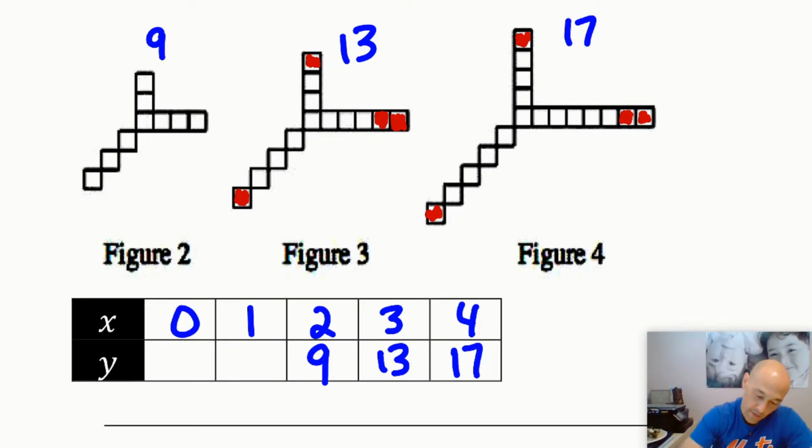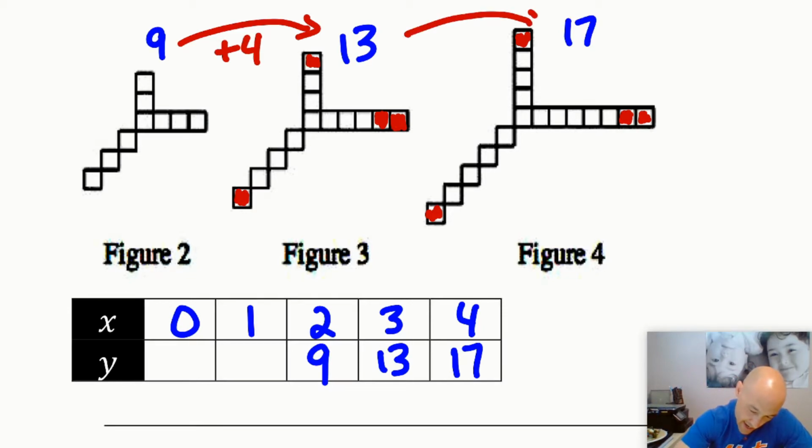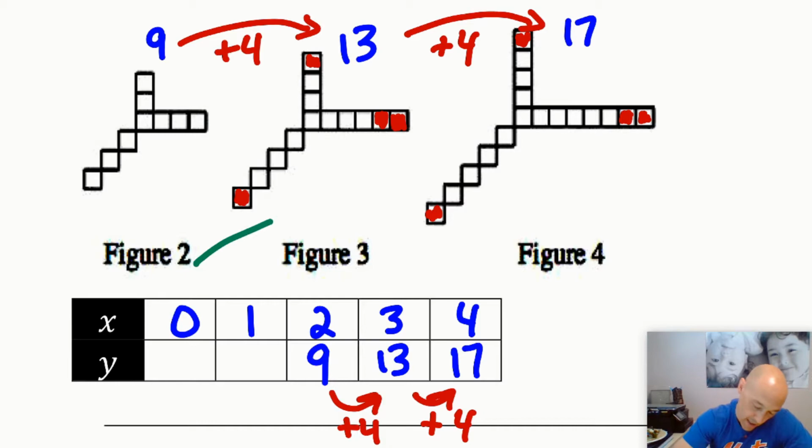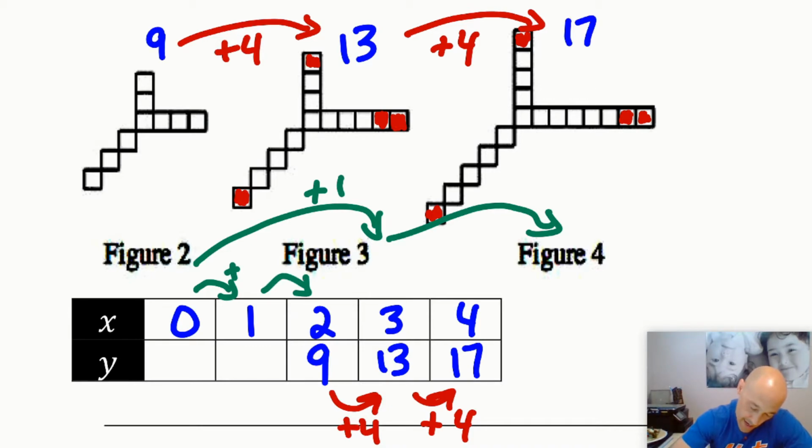One thing you can notice is that we are adding 4. And we're adding 4 down here in our table. So that's our slope. And it's nice to notice also that we're adding 1 to our figure number here. So we're adding 1, adding 1, adding 1.